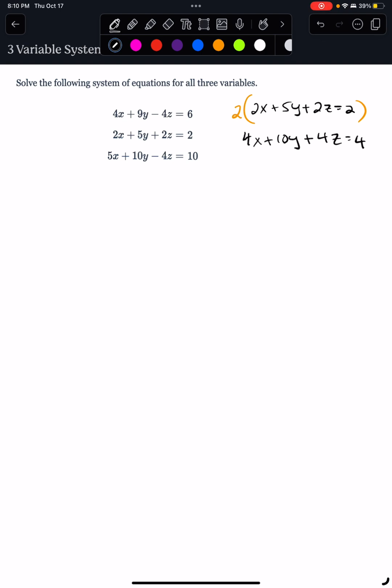And now I should be able to manipulate. So we want to align our different z values. If we see here, we'll set up our first equation, 4x plus 9y minus 4z is equal to 6. And because we have a negative 4z, we're going to want to set it up with a positive 4z. So we'll take that second equation that we manipulated just now to be able to align it.